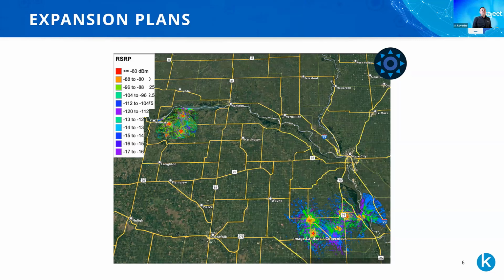Justin, you want to build on that as well? Yeah, so we're going to add 3 new towers up on the Santee reservation, which should cover the whole Santee reservation by the time we get done. There may be a few small areas where we could utilize some extenders.